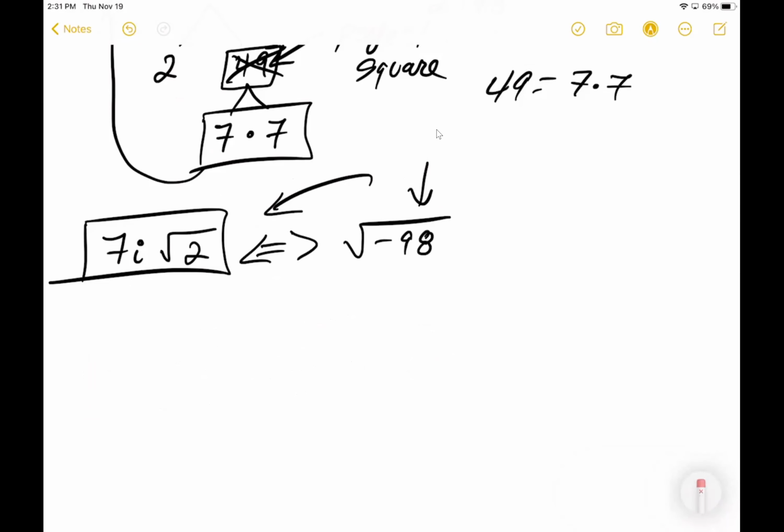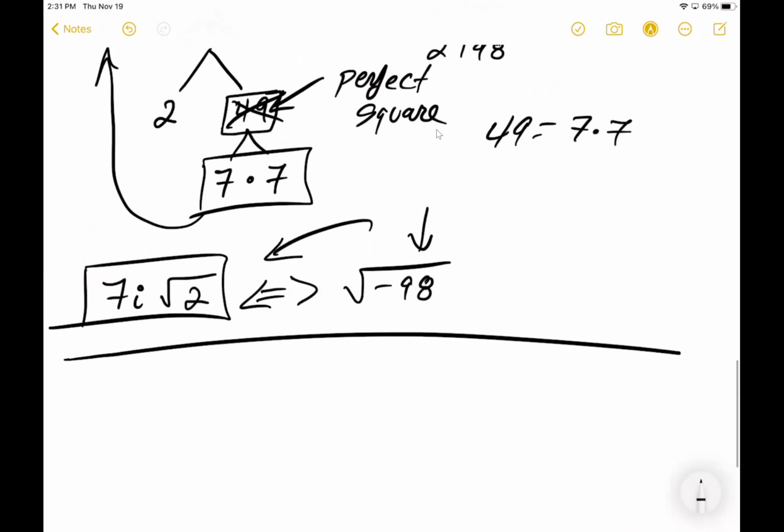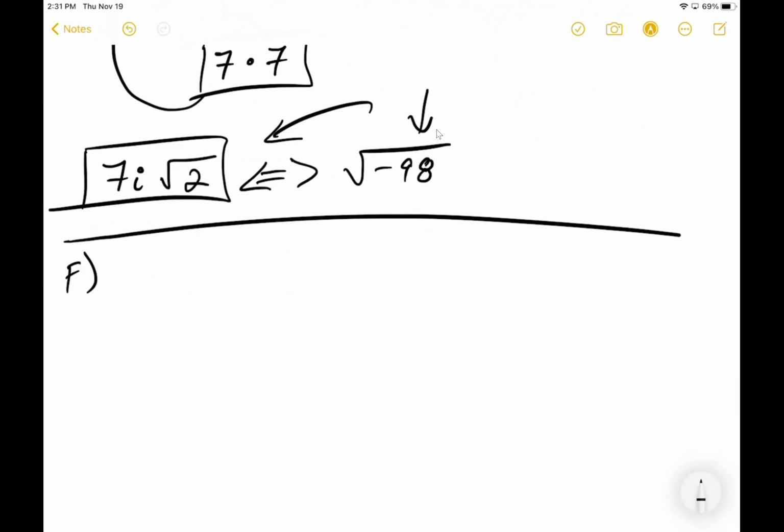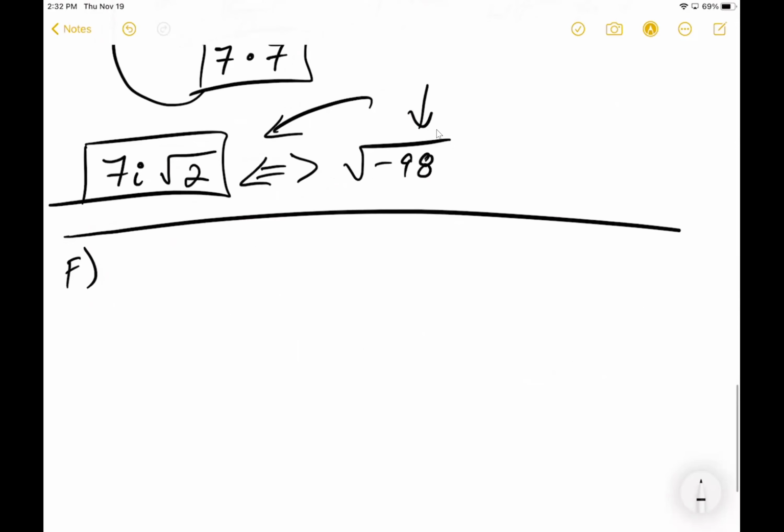So let's try another one. What letter are we at? F. So since they give you this, it brings us back to the previous topic in terms of the imperfect square.